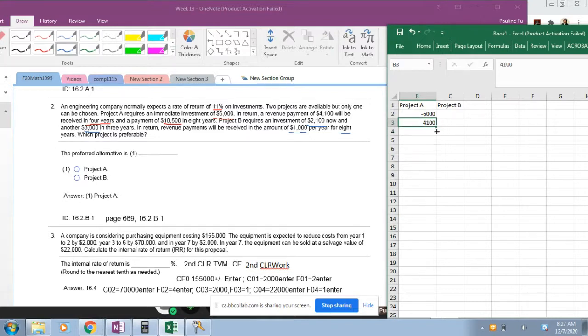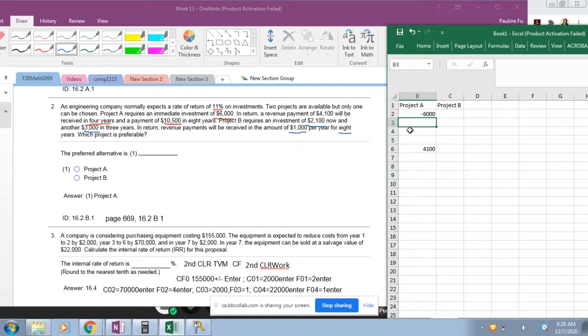This number appeared 4 times. Year 1, year 2, year 3, year 4. And a payment of 10,500 in 8 years. Revenue. A revenue payment will be received. No, this is not every year. It is just one time.